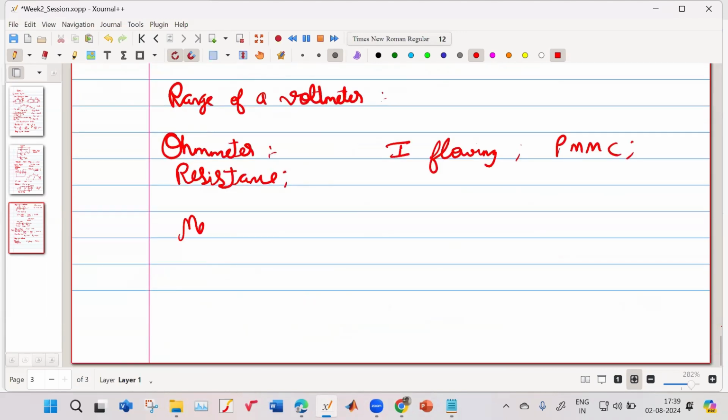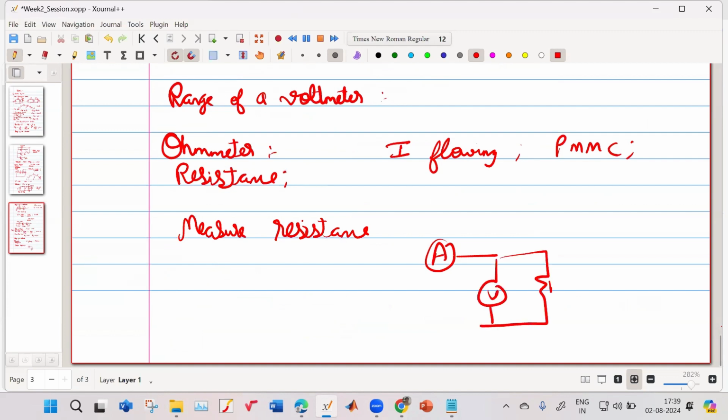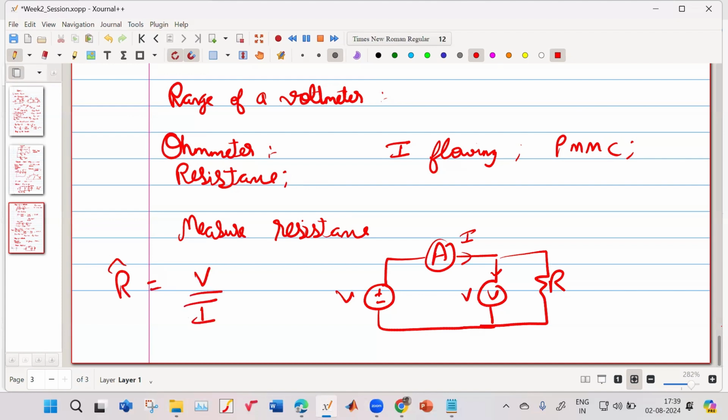So if you want to measure resistance, you want to know how much the resistance is, what you can do is connect an ammeter and a voltmeter, and you have your resistance and some particular voltage source. So you will know the current flowing and the voltage across the voltmeter, and your resistance estimate will be voltage upon current.